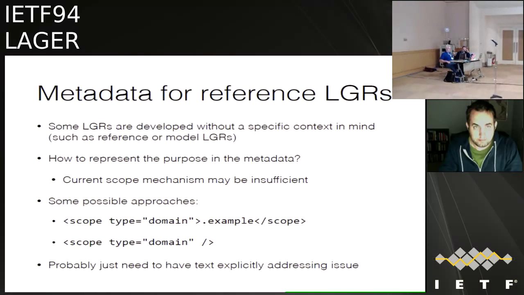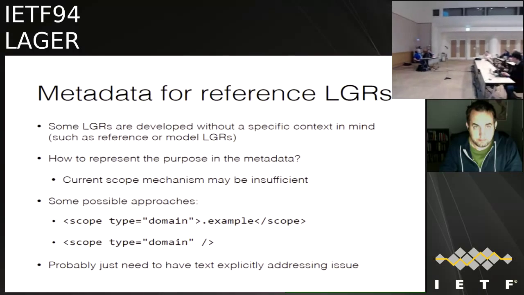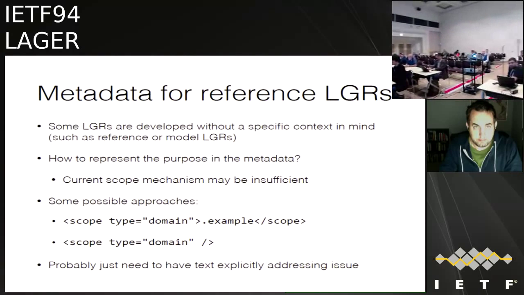A new issue that was raised on the mailing list just a few days ago is providing some mechanism in the metadata to identify that it is a reference LGR, not intended to represent a specific domain, but nonetheless designed to target domains in general. Some of the approaches that were discussed were perhaps using example domains as the scope, or alternatively having an empty scope but with a type attribute set to domain.